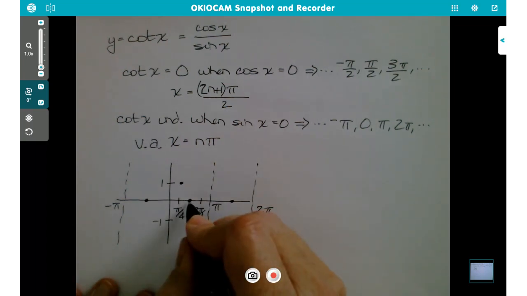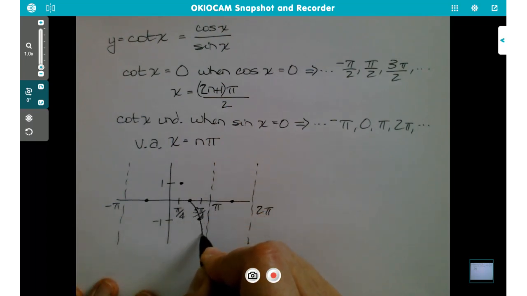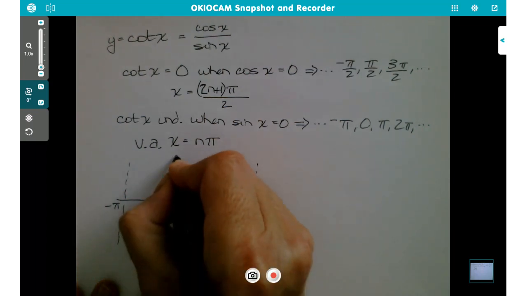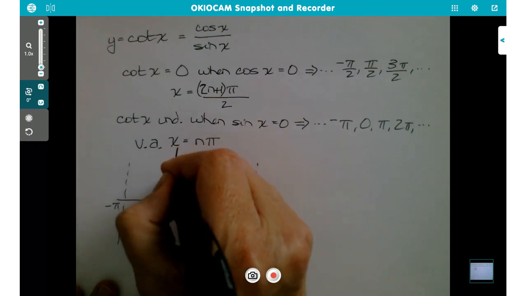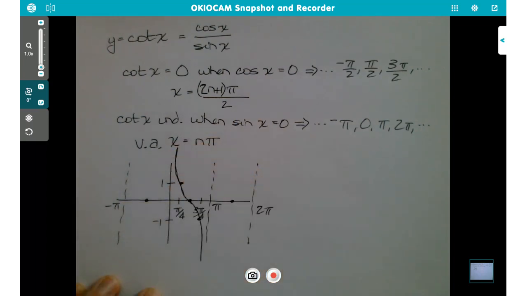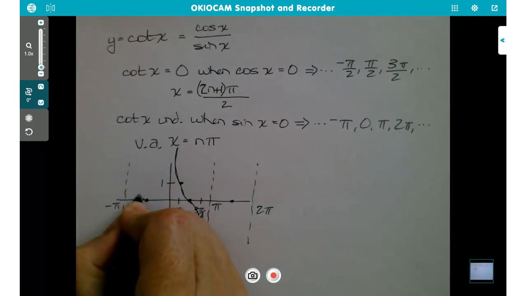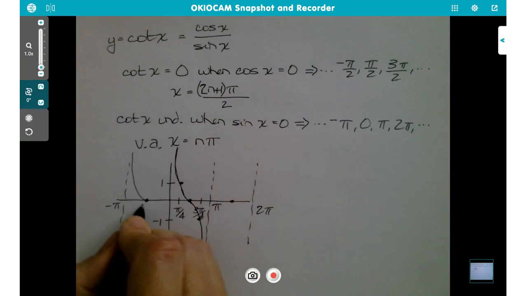As I get closer and closer to my asymptotes, my function is going to veer off next to the asymptote like that. We don't cross vertical asymptotes ever. So my cotangent function looks something like that, and that's going to happen in between every pair of asymptotes.